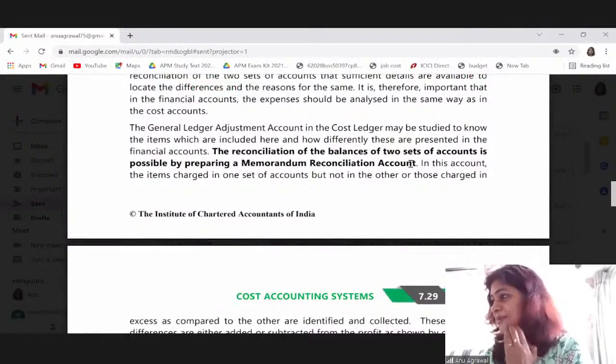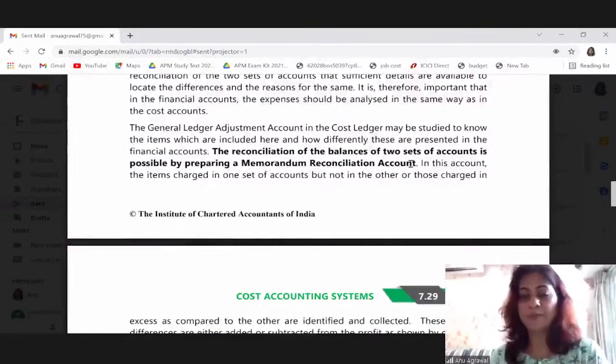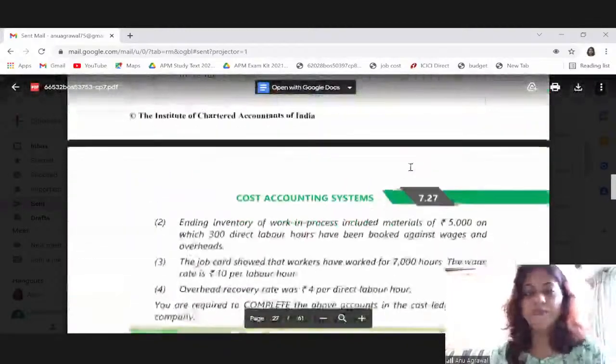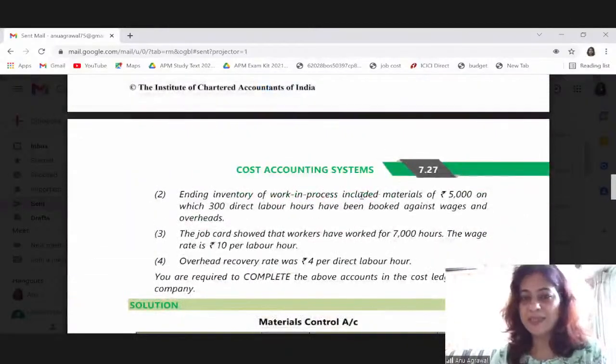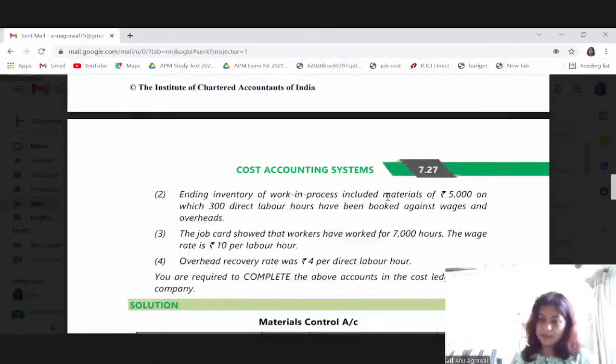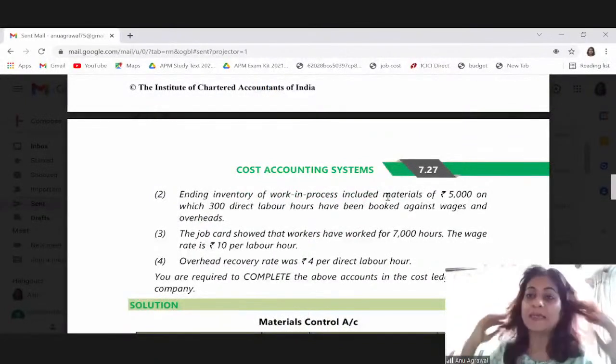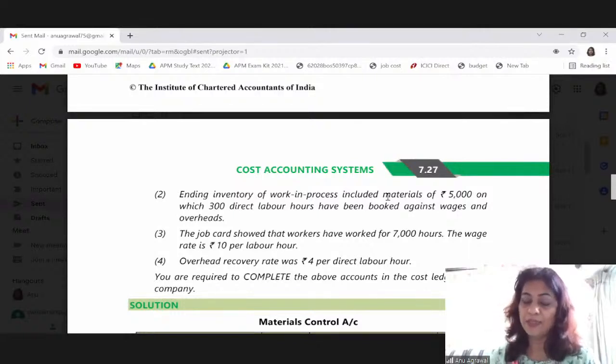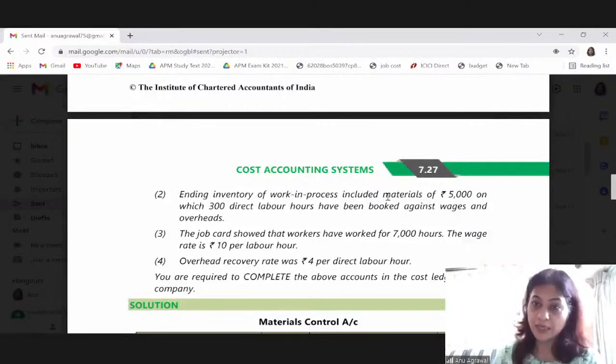Okay. Sairam, which adjustment you want me to explain again? They have said at the end, how much is the inventory left. So inventory is consisting of the closing balance. Instead of giving you the closing balance directly, Sairam, they have told you that the closing inventory of WIP consists of 5,000 of material, plus on that 300 labor hours have been worked.